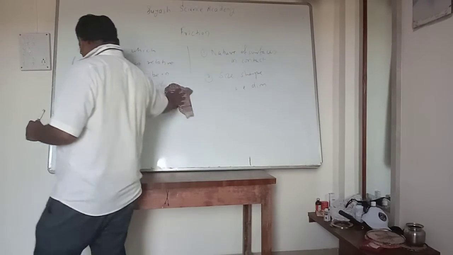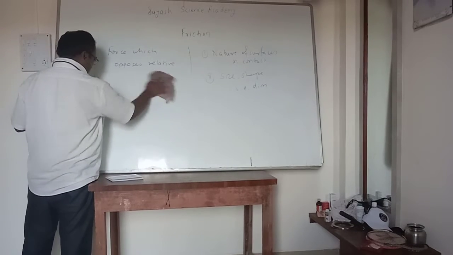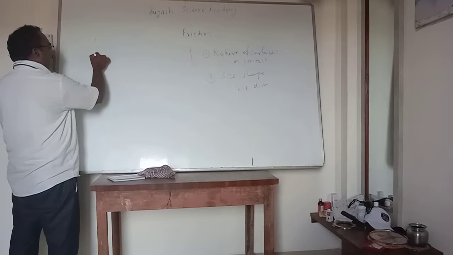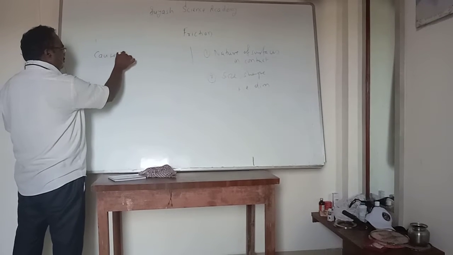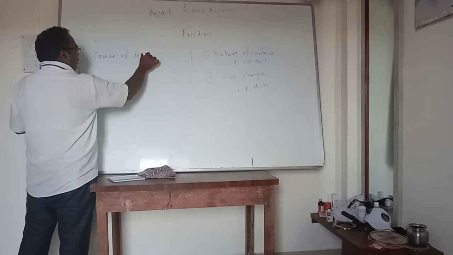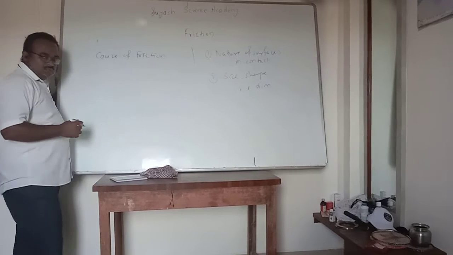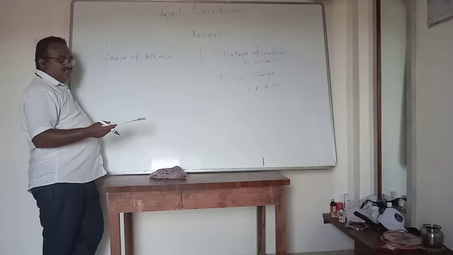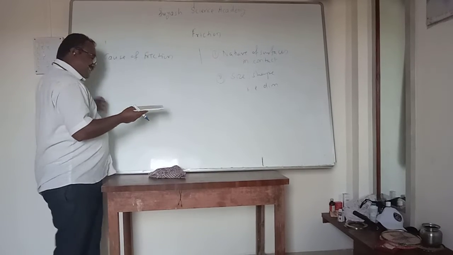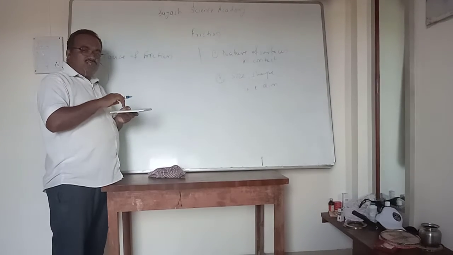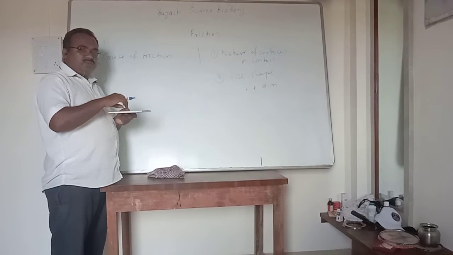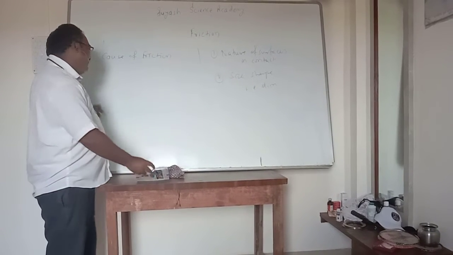Now we'll discuss the cause of friction. By just looking at this notebook, you can say that the surface is smooth, but when you observe it under a microscope, you will find irregular surfaces.